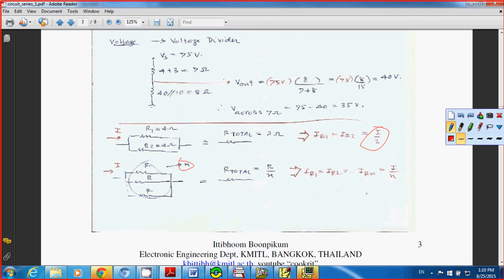And if you have n resistors in parallel and they are the same value, your current is I over n, where n is the number of resistors in parallel.